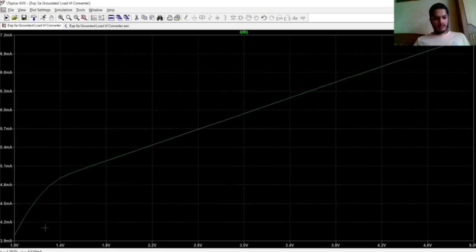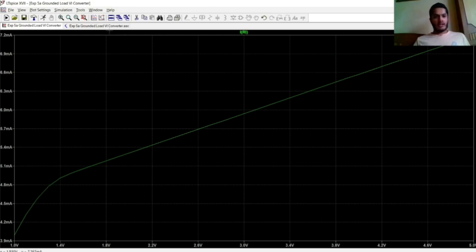So as we can see, we have a 4 milliampere current at 1 volt, and it goes on increasing, but after a certain value we do not get a faithful output. For example, for a 5 volt input we need a 20 milliampere current, but we don't get that; here we are getting 7.2 milliamps.